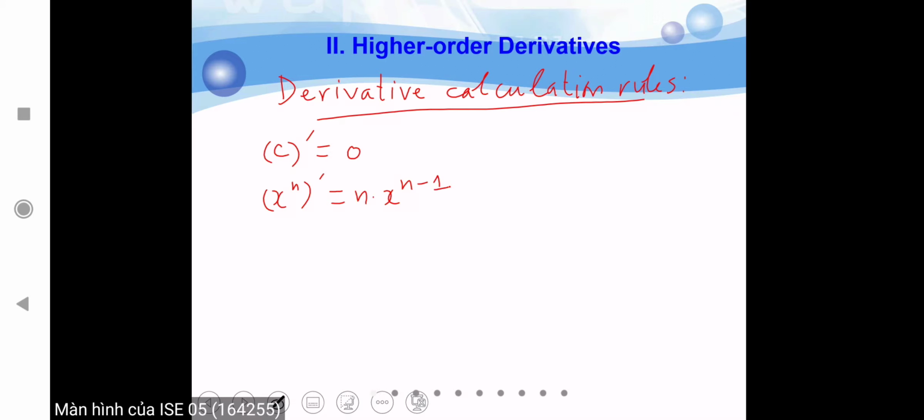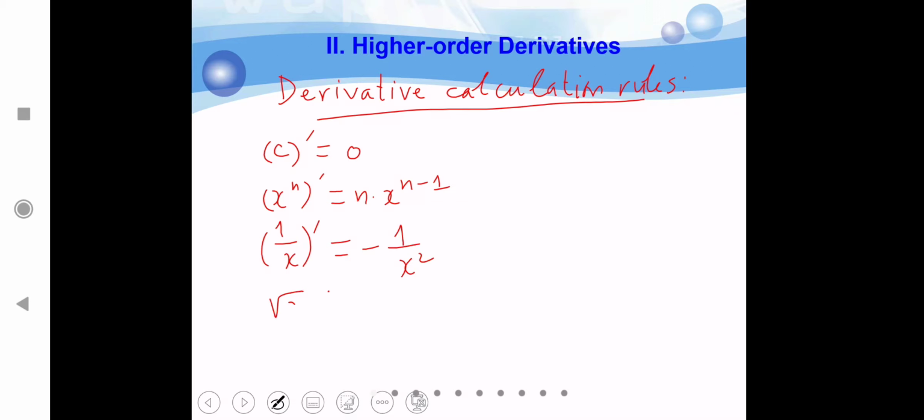Okay, and 1 over h prime equals minus 1 over h squared.